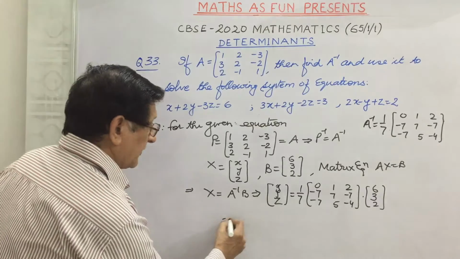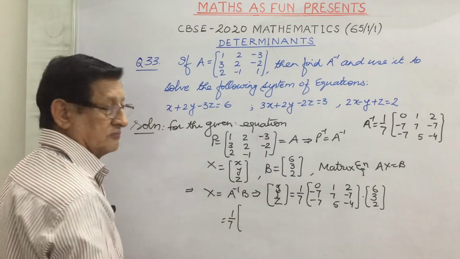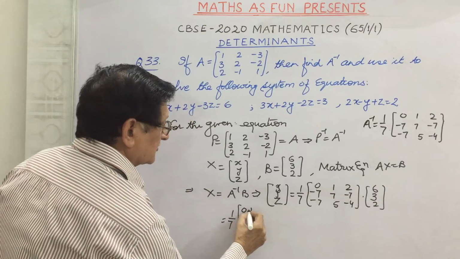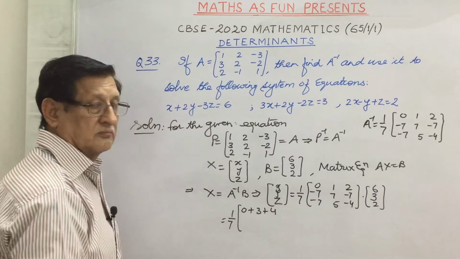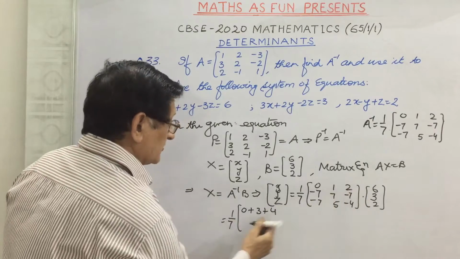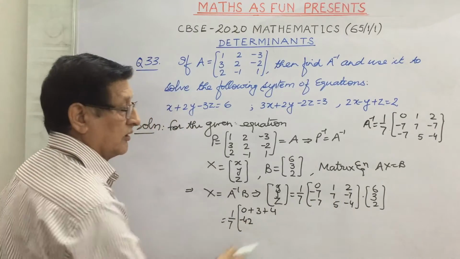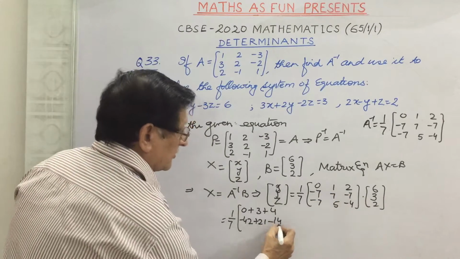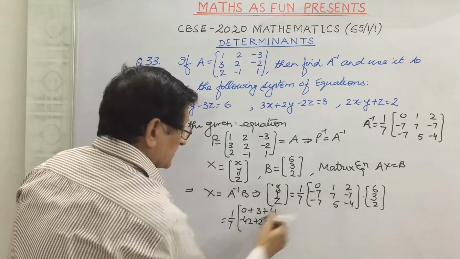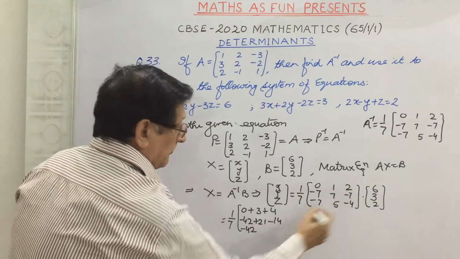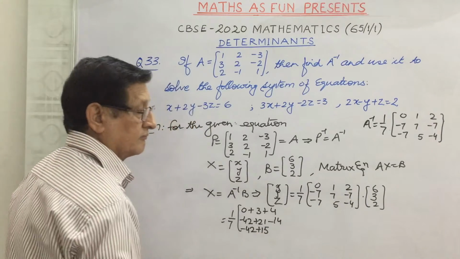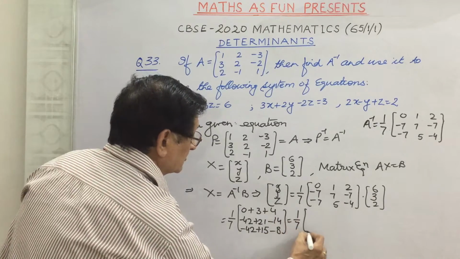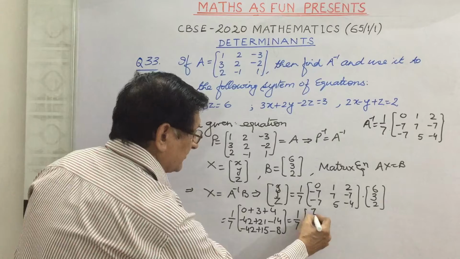And we know how to multiply, that is 1 by 7 into 0, 3 and 4. So this comes 0 plus 3 plus 4. Minus 7 into 6, minus 42 plus 21 minus 14. Minus 42 plus 15 minus 8. And when we calculate the values, this comes as 3 and 4, 7.